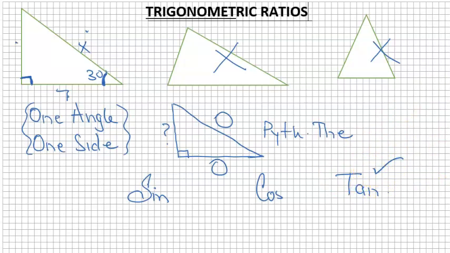To use tan is very easy. The typical questions of tan are like this. If this is x, this is 7 and this is 30, either this angle or this angle is given.